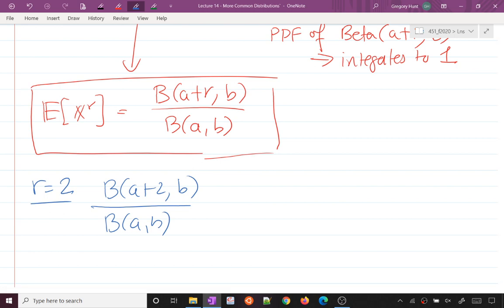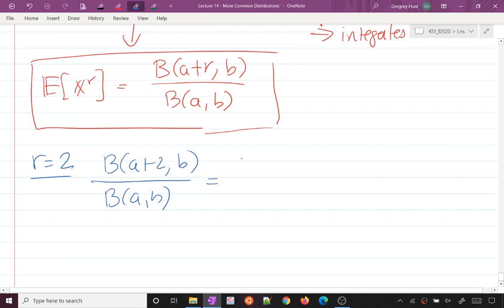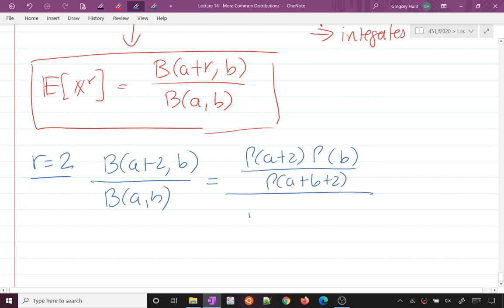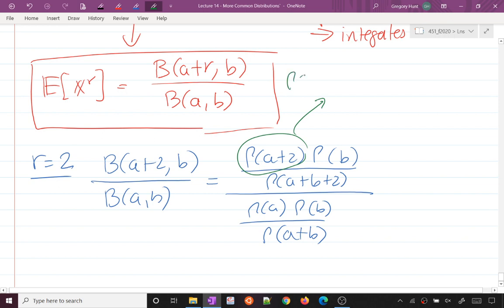This is gamma of a plus 2, gamma of b, gamma of a plus b, over gamma of a plus b plus 2, gamma of a, gamma of b. And I'm going to make a claim that gamma of a plus 2 is a plus 1 times gamma of a plus 1, which is a plus 1 times a, gamma of a.